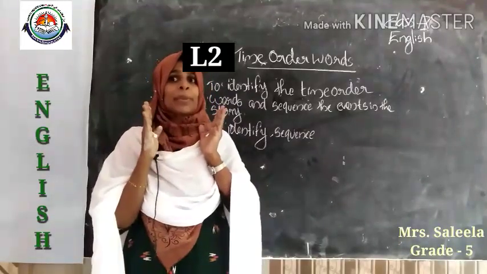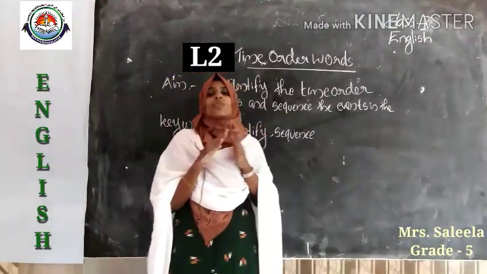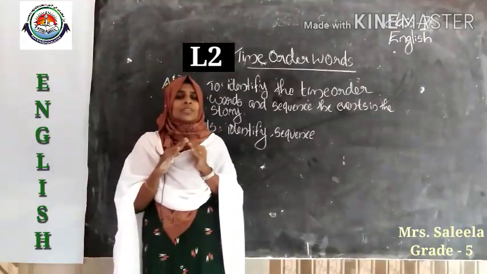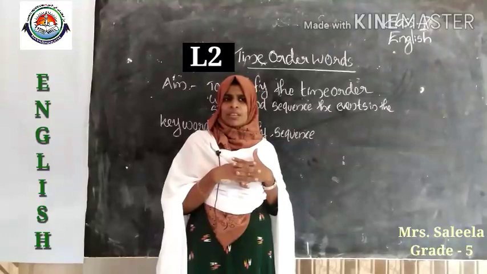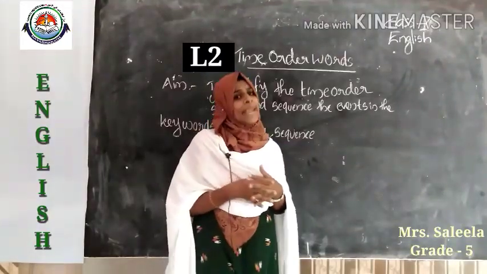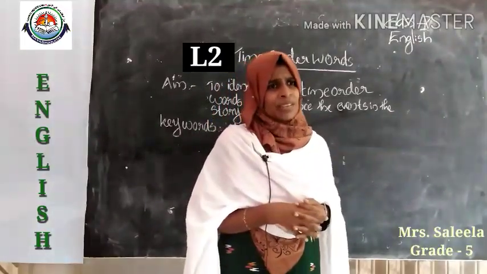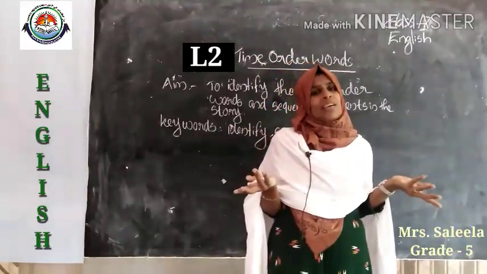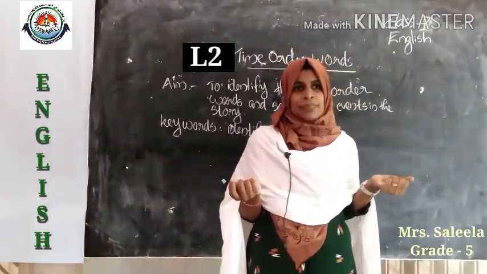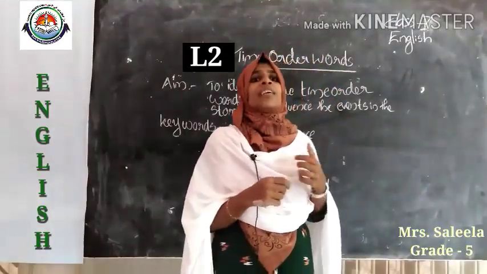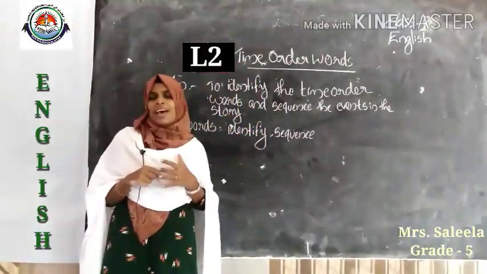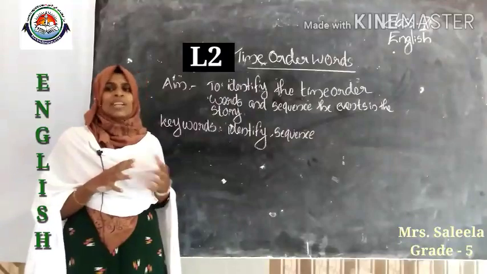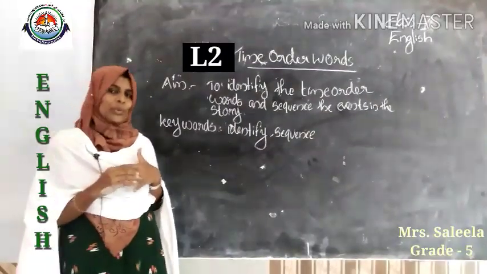So, you have to keep in mind, it is very important to do things in an order or sequence, so that they make sense, and then there is no need for any confusion. Today, we are going to learn some time order words and sequence the events in the story.